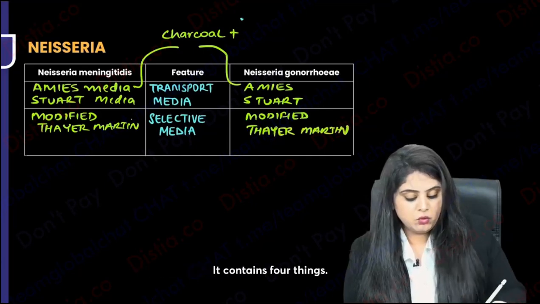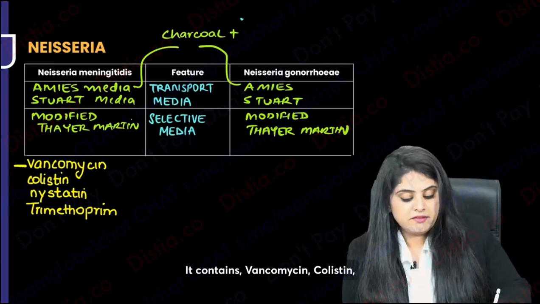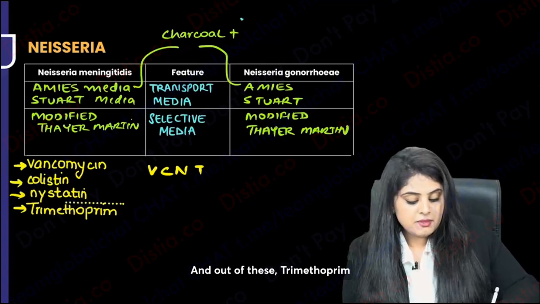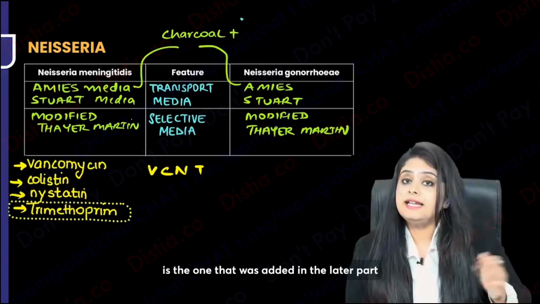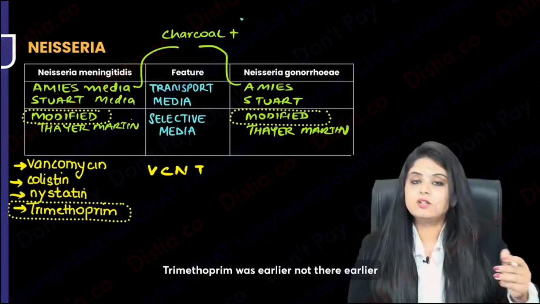It contains 4 things. This is a question that has come. It contains vancomycin, colistin, nystatin, and trimethoprim. And out of these, trimethoprim was added in the later part, and trimethoprim basically makes it modified. Trimethoprim was earlier not there.